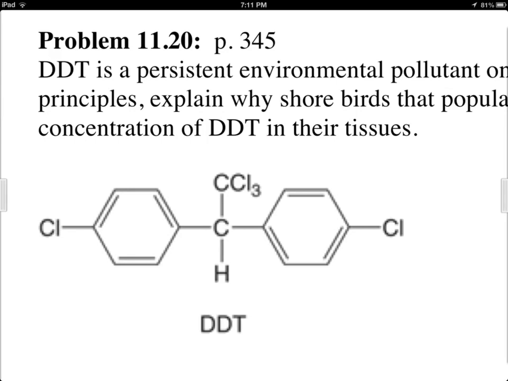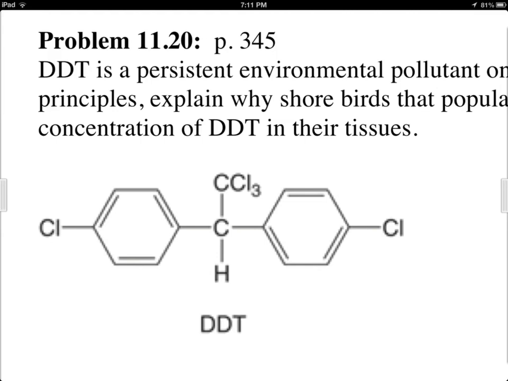This next section here, you read a little bit about methyl tert butyl ether, PCBs, and DDT. This question is particularly about DDT. The question here was, using solubility principles, explain why shorebirds that populate areas sprayed with DDT are found to have high concentrations of DDT in their tissues.